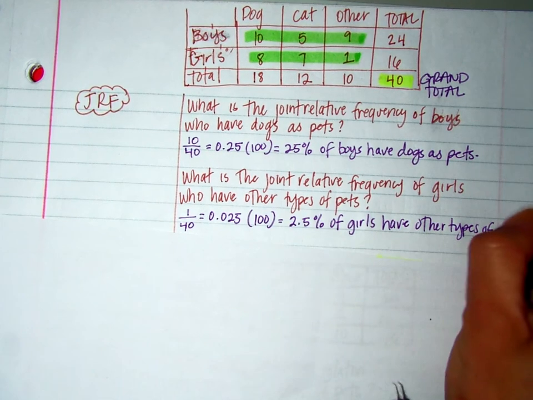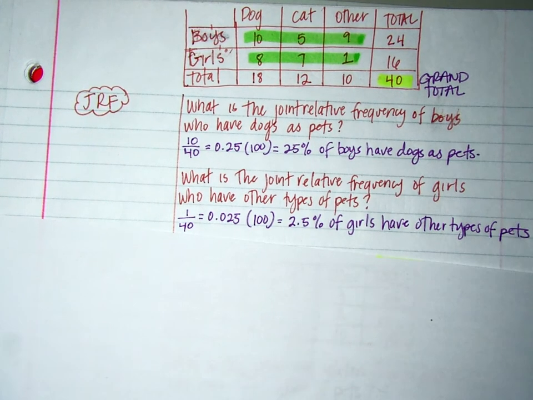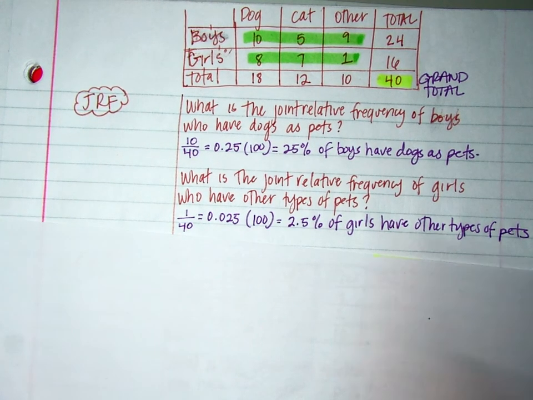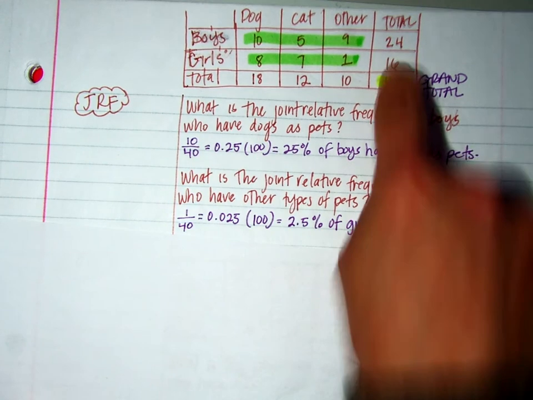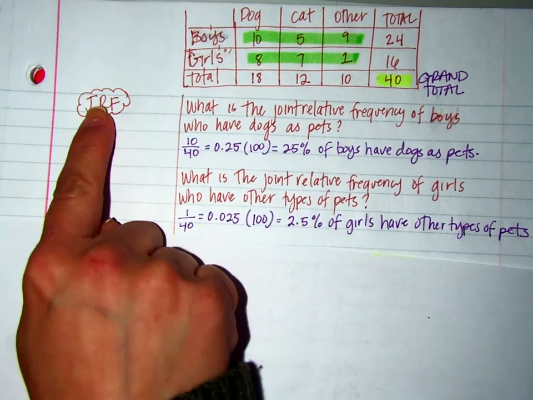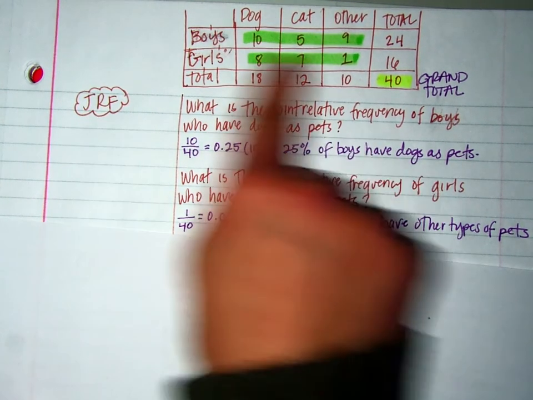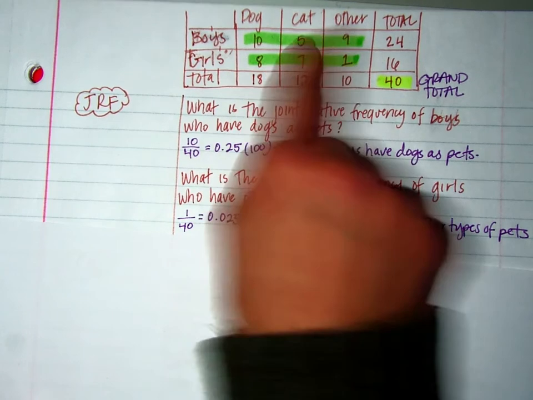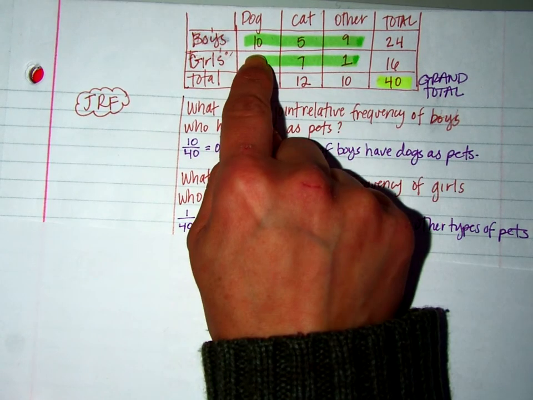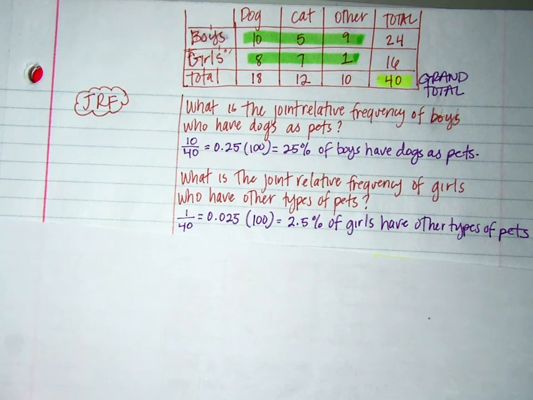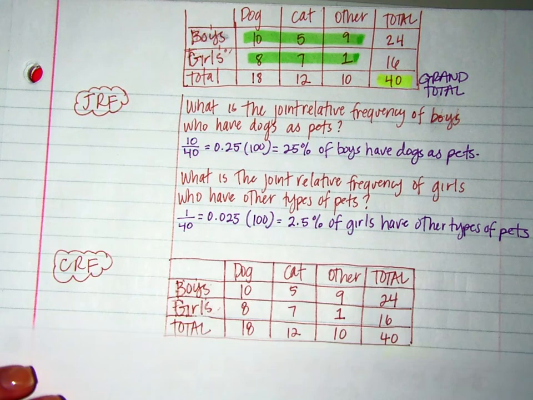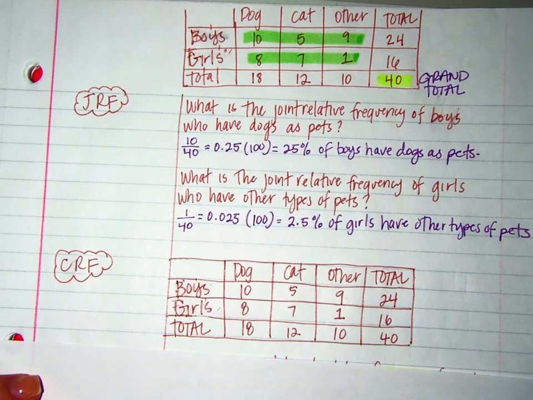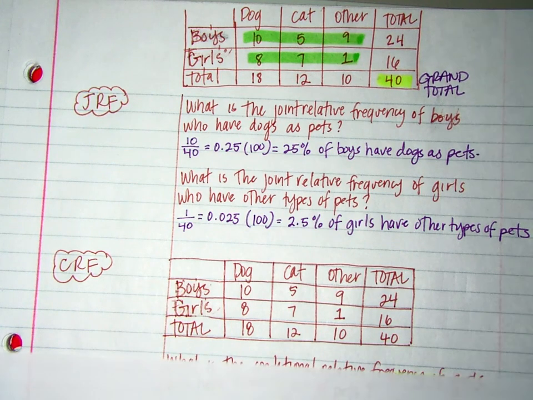So, marginal relative frequency means that we're looking at our margin numbers divided by the grand total. Joint relative frequency is talking about when our categories are joining together, so we're using the numbers on the inside of our table. Okay? Now, for conditional relative frequency, we're now going to look at a condition, where two categories meet, but we're looking at either a row total or a column total.